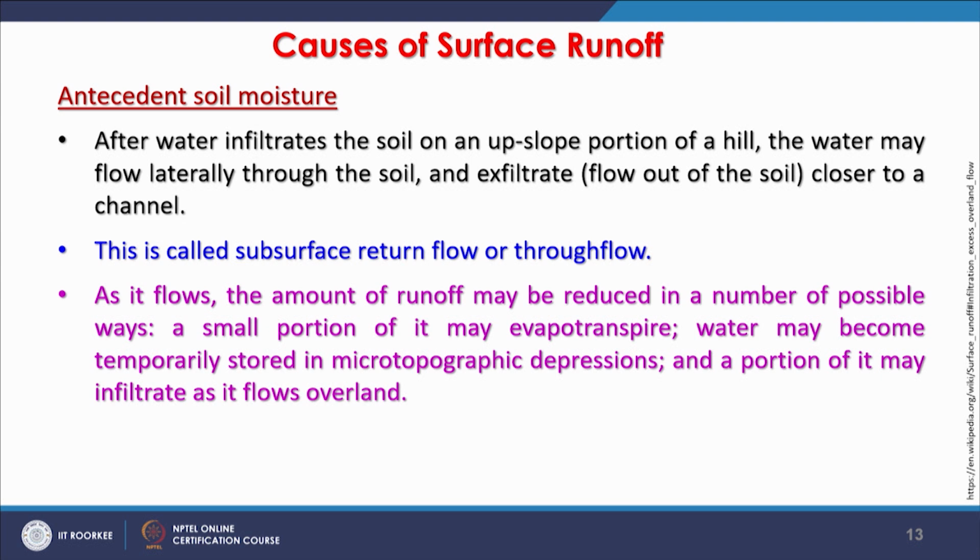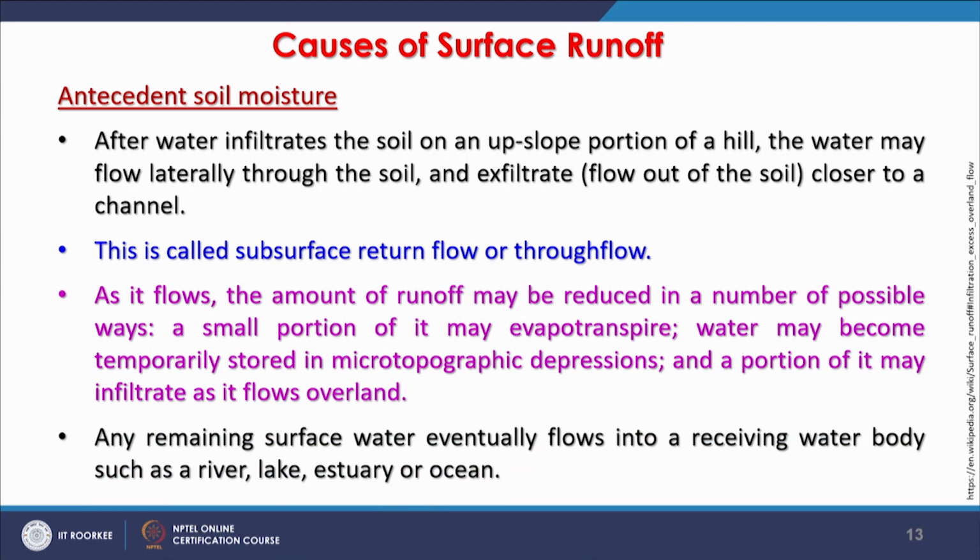So, this throughflow is also obstructed or influenced by factors. A small portion of it may get evapotranspired because vegetation and a root zone might be there, water may become temporarily stored in micro-topographic depressions, small depressions, and portions of it may infiltrate as it flows over land.